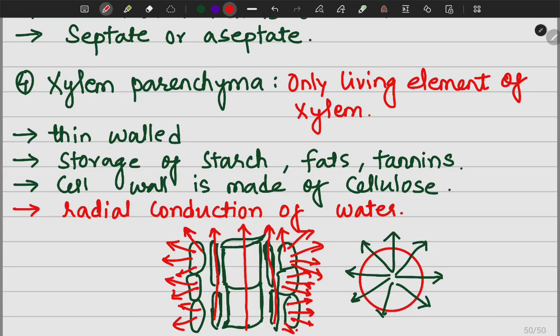So that is how the total conduction of water takes place in the plants with the help of these xylem elements. Alright, these four types of cells which are present in xylem are also called xylem elements. Alright, so this was all about xylem. I hope each and every point is clear to you.